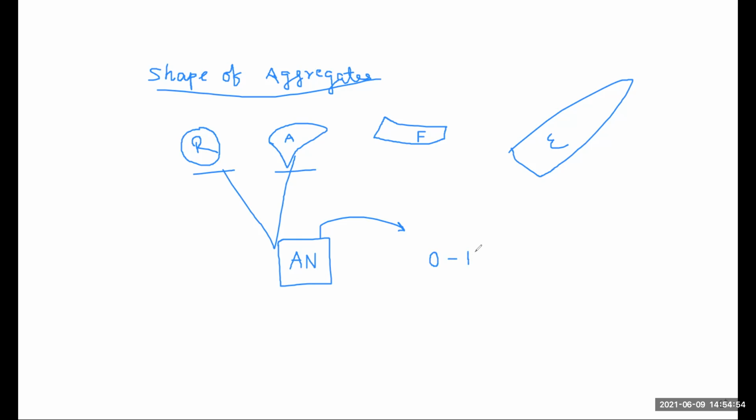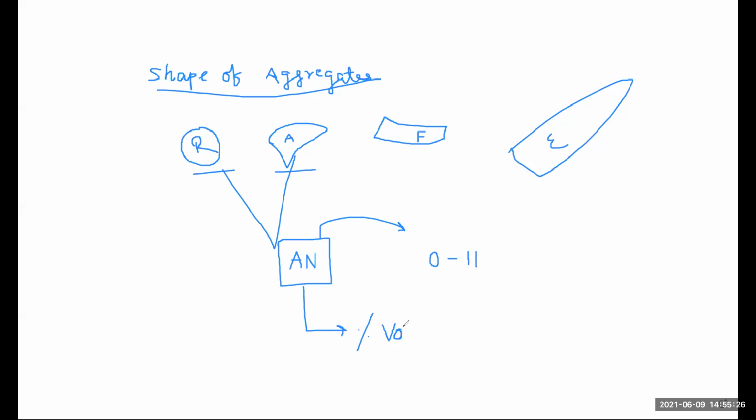Can anyone say this AN is also calibrated or expressed in the form of what? In percentage, I also represent this angularity number in certain other form. So can anyone say in what form we calibrate AN? Percentage of volume, percentage of voids, percentage of what? Okay, percentage of void.